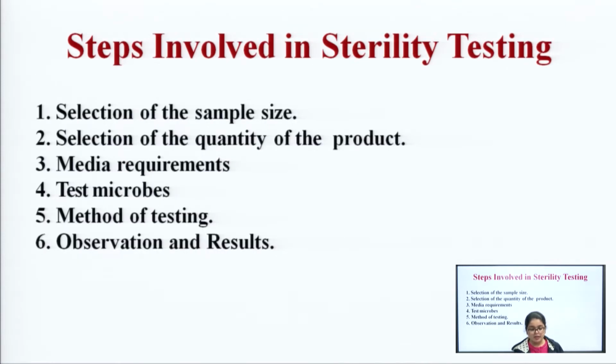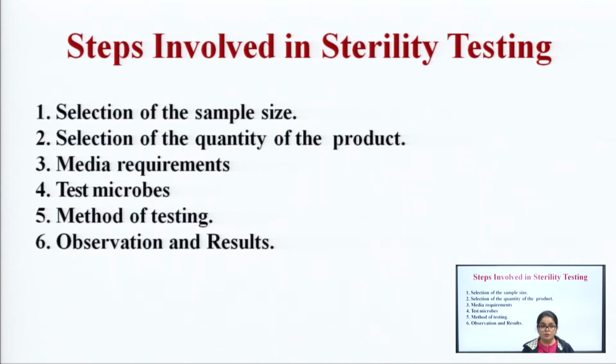Coming to the next slide, the steps involved in sterility testing are: first is the selection of sample size, which depends upon the type of material or substance being sterilized. Then the selection of quantity of the product, how much quantity is required. Media requirement, what kind of media would be required, as we will be inoculating or incubating the particular samples.